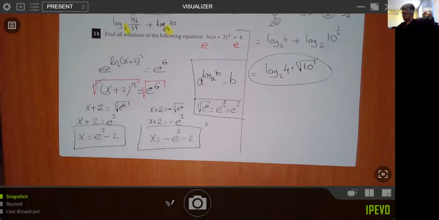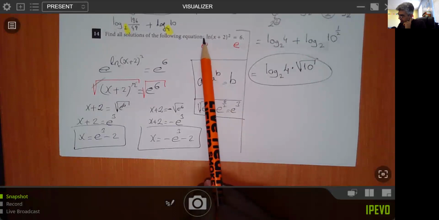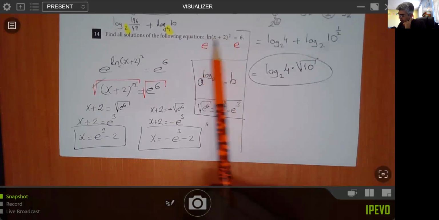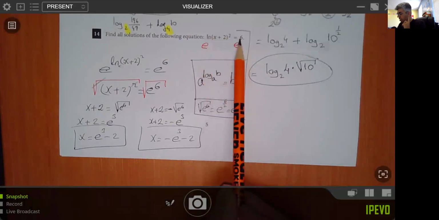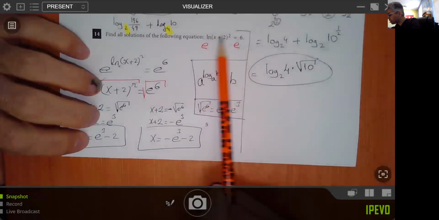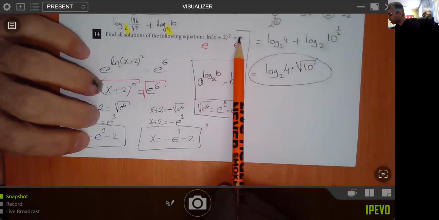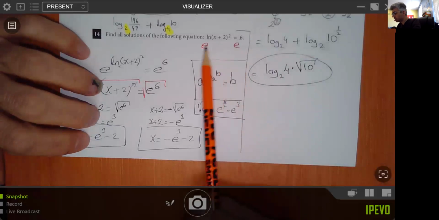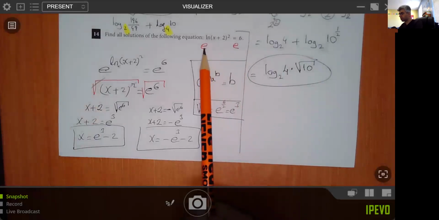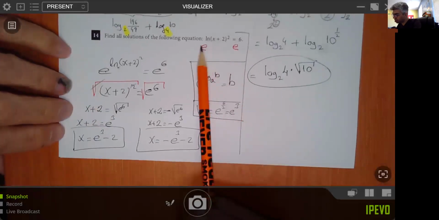Let me summarize what we did. When we have ln of a function equal to a number, we just write both sides as a power of e, so we are importing e to the function.